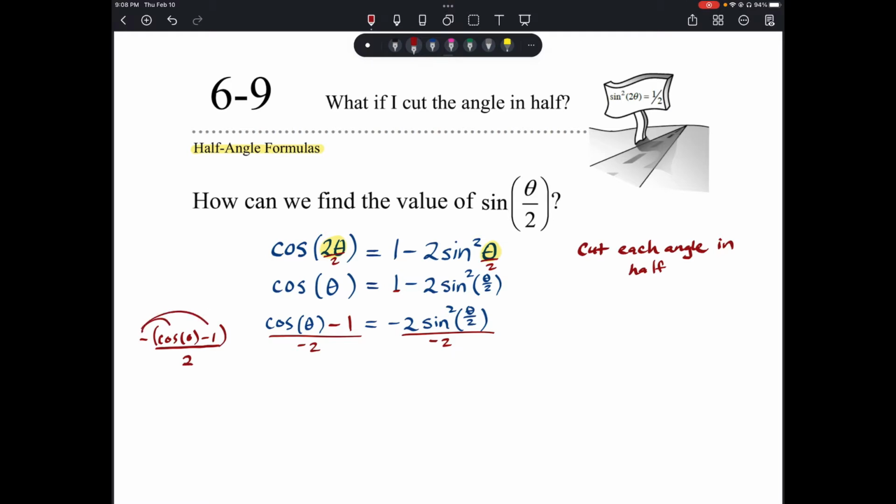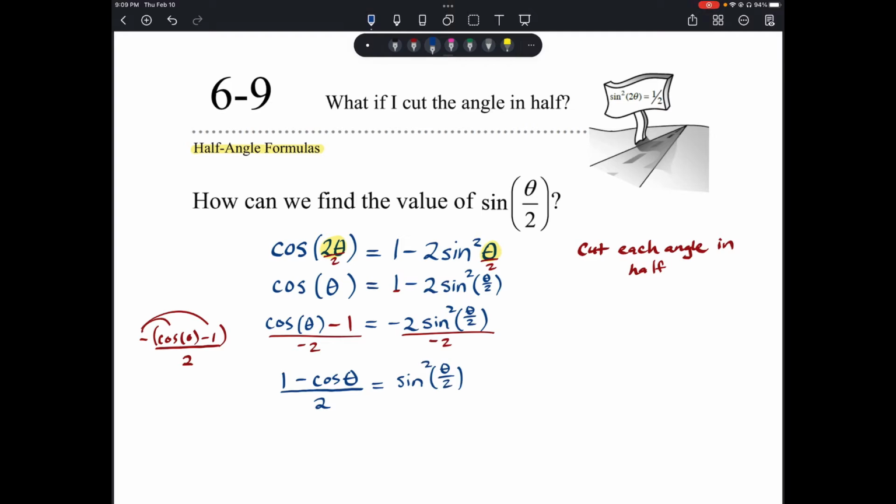So I'm taking the negative out of the bottom and moving it to the top. What that ends up being is 1 minus the cosine of theta, over a positive 2, equals our sine of half of theta squared.